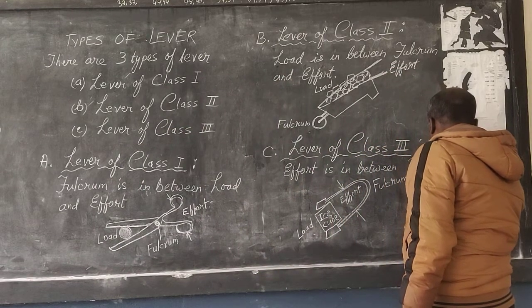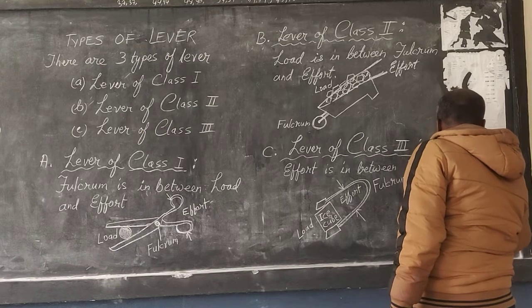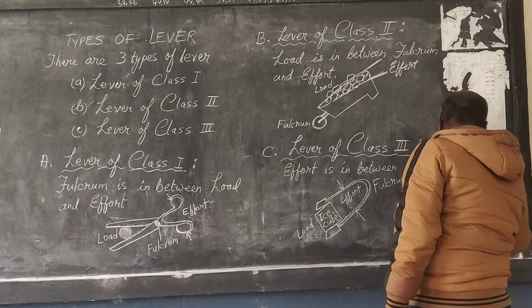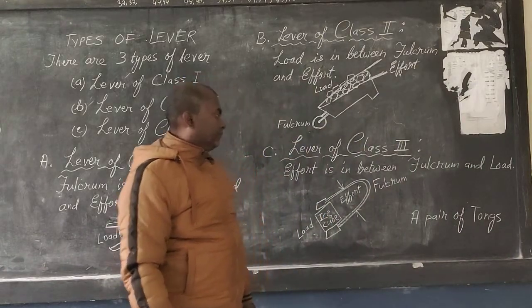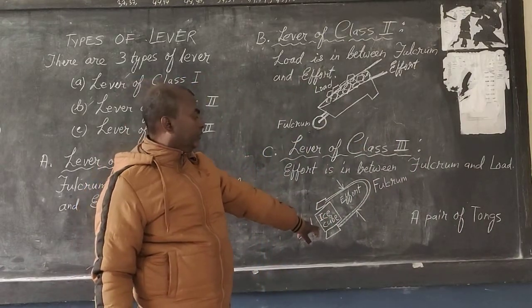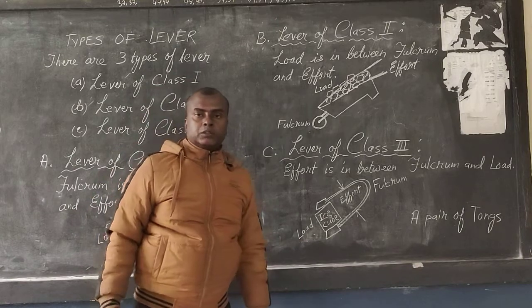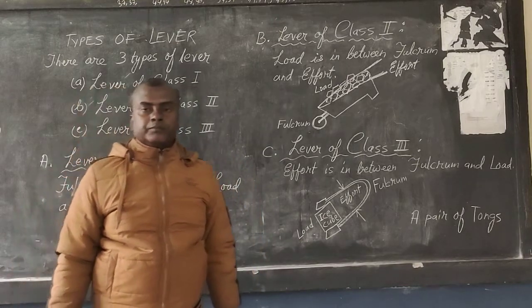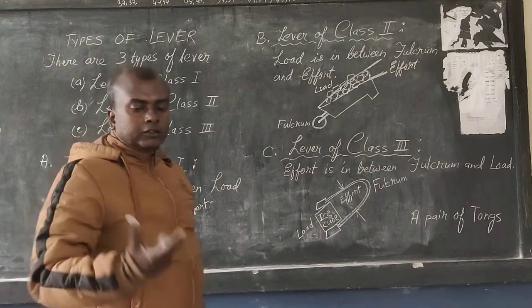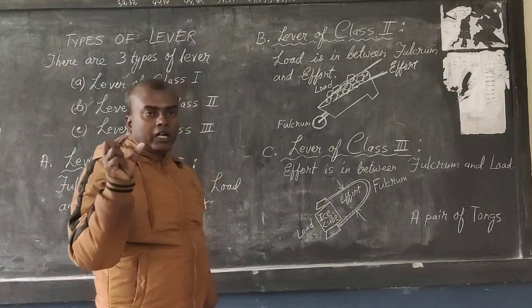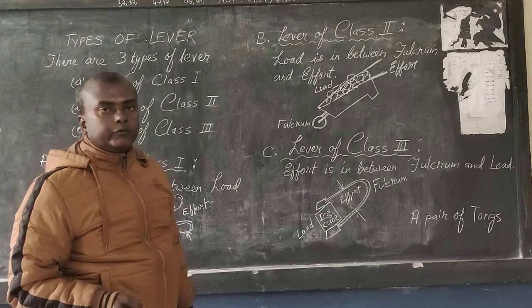A pair of tongs. Now you can use these tongs in many cases. I have used it for holding ice cubes. Cubes of ice are very cold, so it's very hard to hold them with our fingers when you feel the cold.